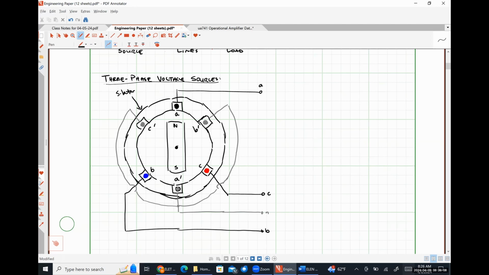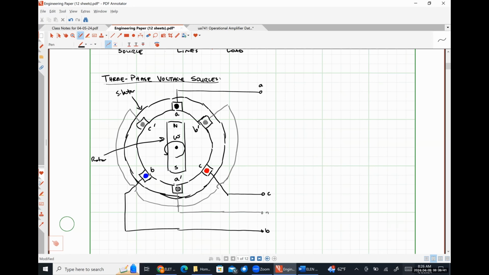And we would use some sort of mechanical action, typically called a prime mover, to rotate this rotor at a particular angular frequency, omega. So we spin that rotor around, we put mechanical energy into this system, spin that rotor around.